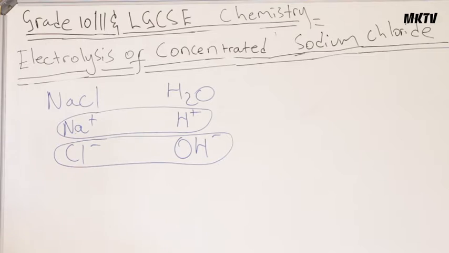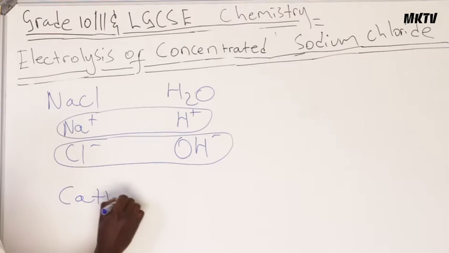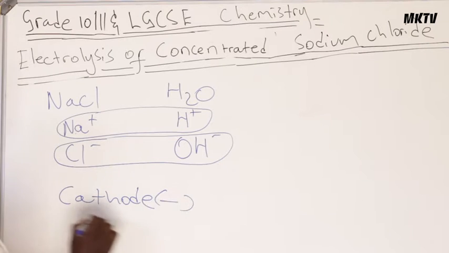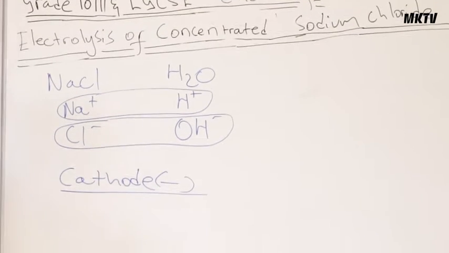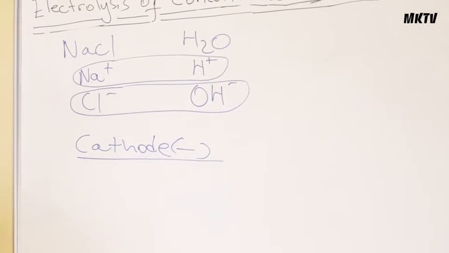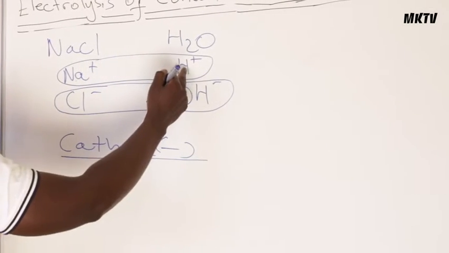So now, let us go through what is going to happen at the cathode. The cathode, remember, is that negative terminal. At the cathode, we are going to see the hydrogen ions.